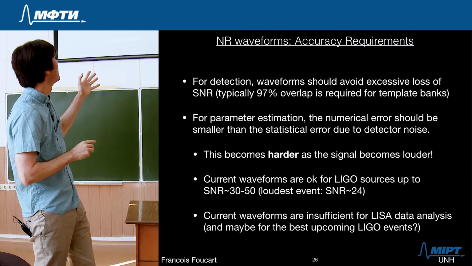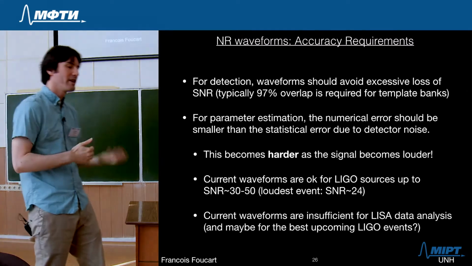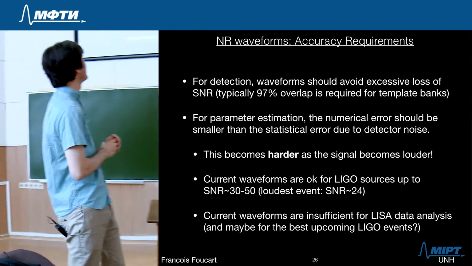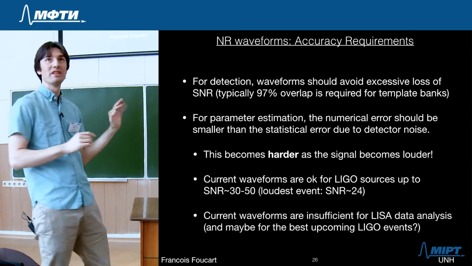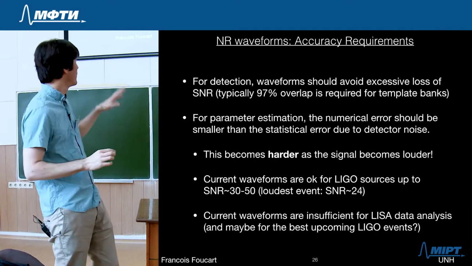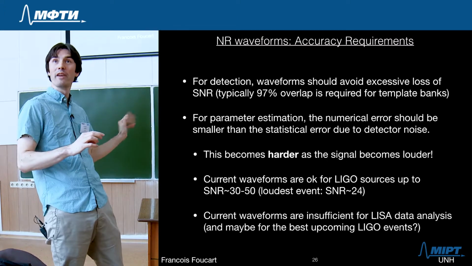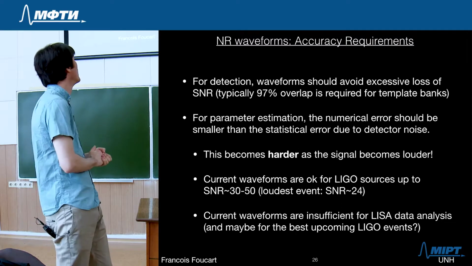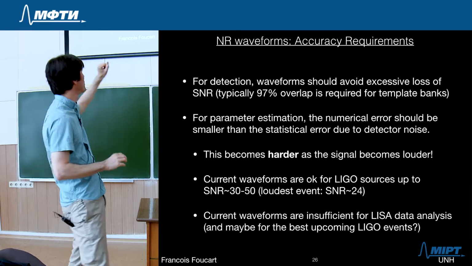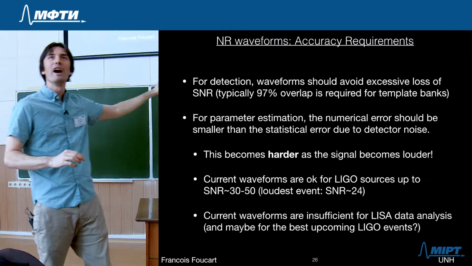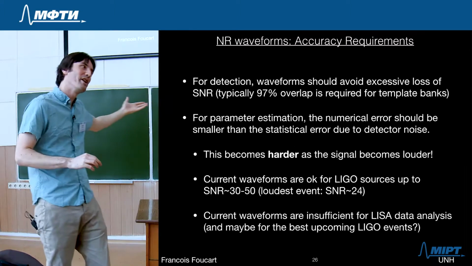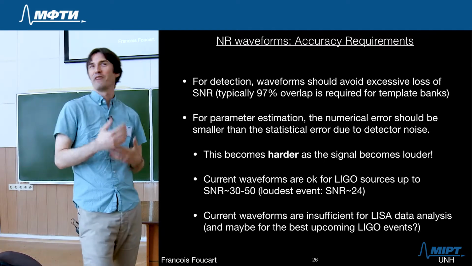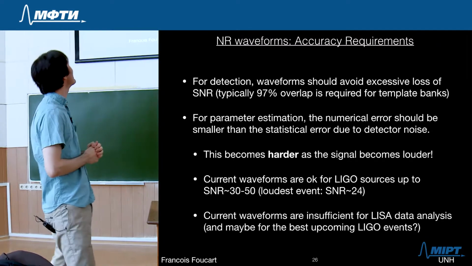And currently, from recent estimates of the accuracy of numerical waveforms, we think that we are okay up to a signal to noise in LIGO of about 30 to 50, so something around there. It depends a lot on the parameters of the binary, but for the kind of things that LIGO sees. And the loudest event in LIGO had a signal to noise of 24. So at the moment, numerical simulations are still ahead of what they need to be, but the sensitivity of LIGO is going to improve by about a factor of 2 in the next few years.